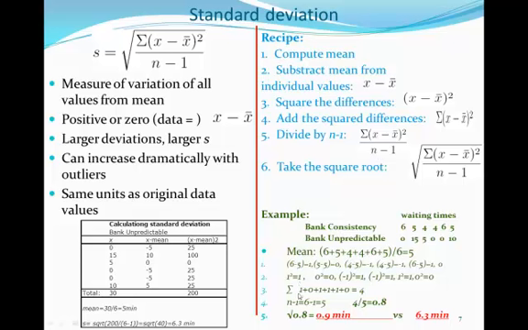And you sum up all these squared differences, we get 4. And we divide 4 by 6 minus 1, which is 5. So we get 0.8. And we take the square root of that value, the square root of 0.8, we get 0.9 minutes. So compare 0.9 minutes to 6.3 minutes. Basically, the bank unpredictable data set has a much bigger variation than the bank consistency data set.